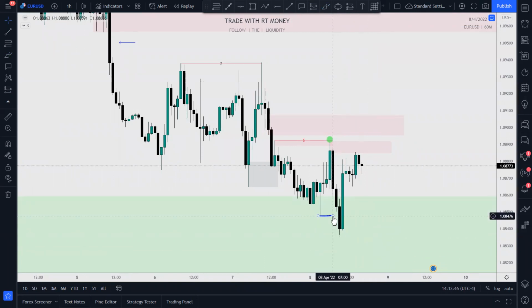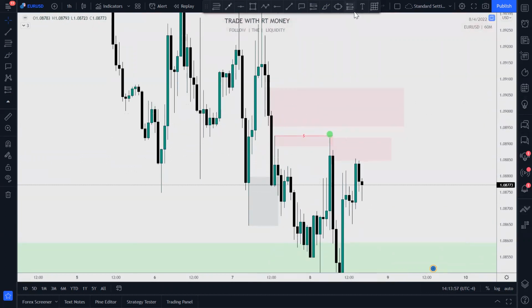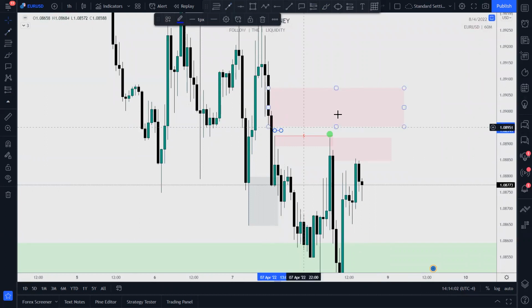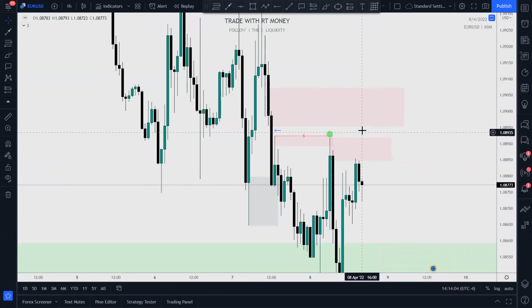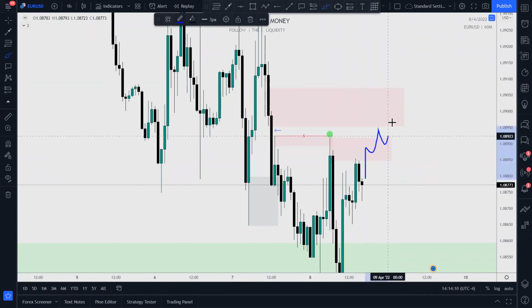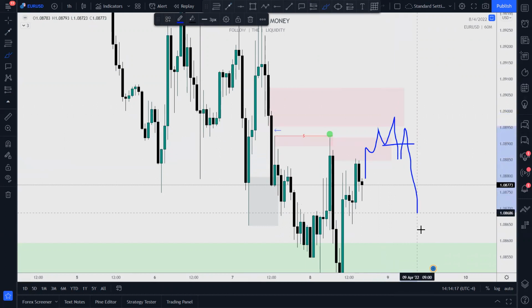So that sets up a reason for price to want to go higher. This could be the target to take out the relative equal highs and fill in this fair value gap here, and maybe find that short-term bullishness before price breaks lows and then comes back down and resumes the weakness in the euro and the strength in the USD.